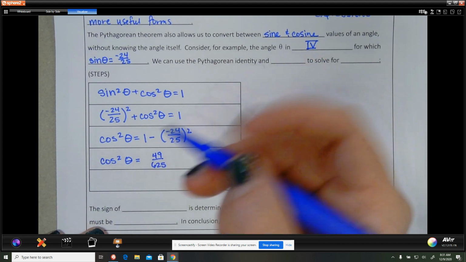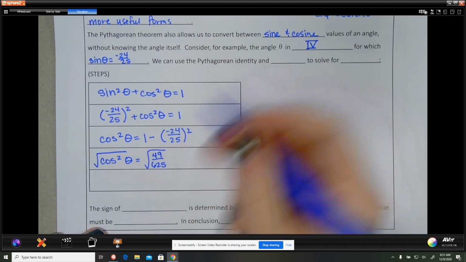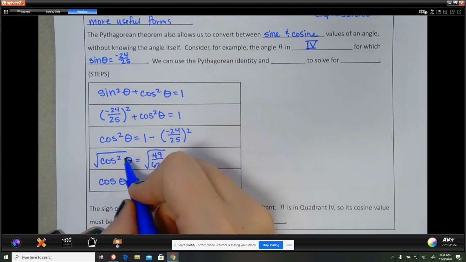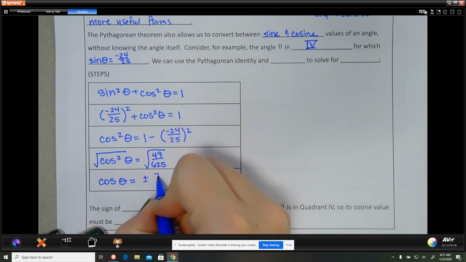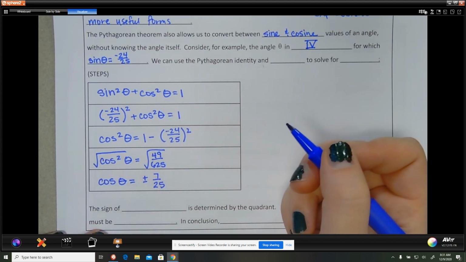All right, so then we would take the square root of both sides here. And so then cosine of theta, now that we've undone that squaring, would be plus or minus 7 over 25. Okay, because we're taking a square root.